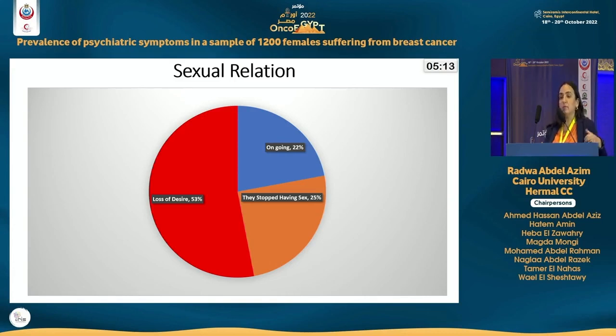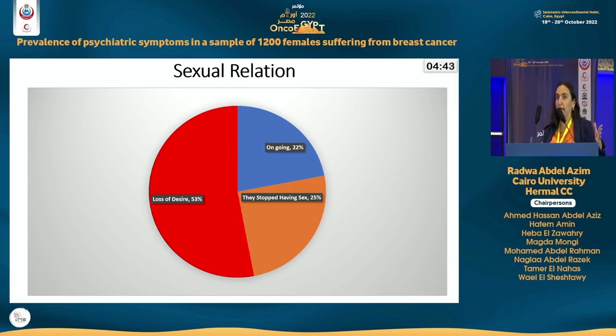As you look at the percentages, ongoing means the relationship was not affected between both partners. He was able to contain and she was able to go on with the relationship. 25% entirely stopped having sex because he's afraid, he's worried. And she's in pain, fatigue, and dryness is a major issue because of the treatments also, because dryness means intercourse became painful.